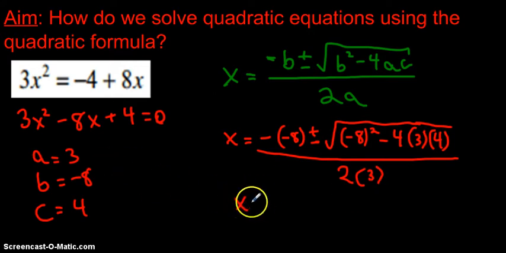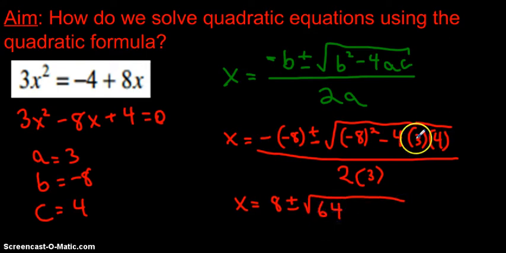X is equal to -(-8) is +8, plus or minus the square root of (-8) squared is 64, -4 times 3 is 12, times 4 would be 48. So it's going to be 64 minus 48, all of that divided by 2 times 3, which is 6.